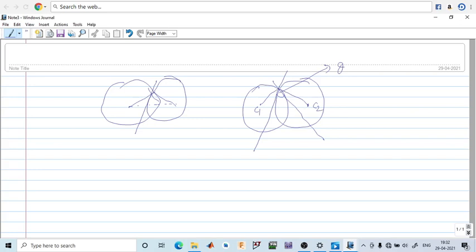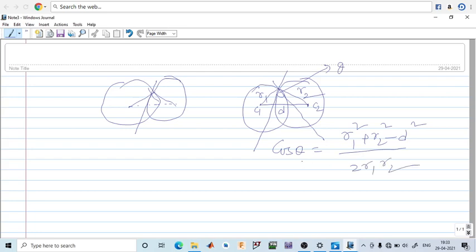How to calculate theta? Suppose the first circle has radius r1, the second circle has radius r2, and the distance between their two centers is d. Then cos theta is (r1 square plus r2 square minus d square) over 2 r1 r2.